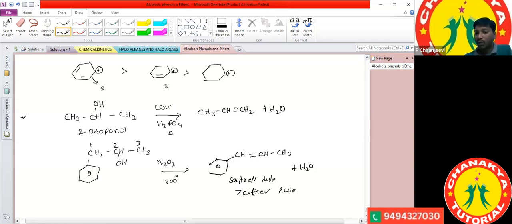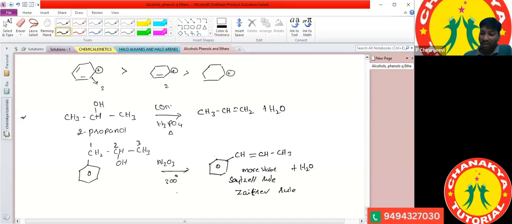According to the Saytzeff rule, the alkene which is attached with more alkyl groups becomes more stable. What does it mean here? The alkene which is attached with more alkyl groups becomes more stable. Now we have the clarity.